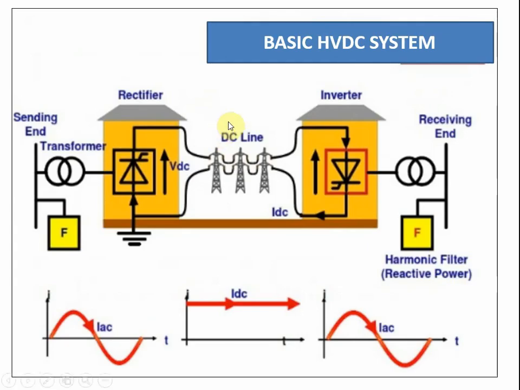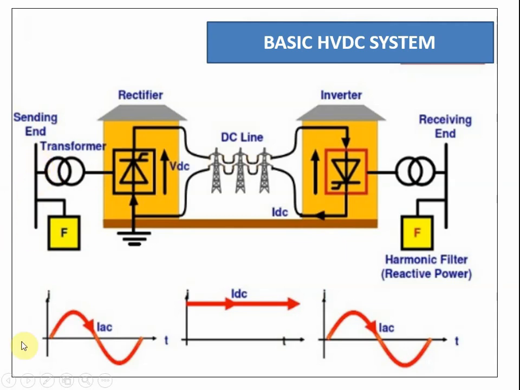Now how it is actually operated will be explained in this diagram. This is a basic HVDC system. Here you observe in this diagram, this is your sending end, the AC side, where we are feeding the power.